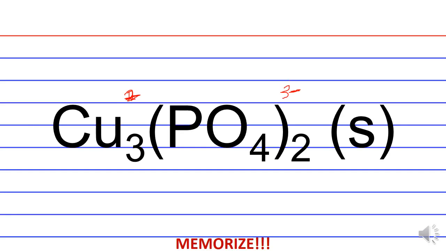Scratch the octet thing, because it has d orbitals, so it can assume different energy states. That's why it can have more than one oxidation state. So this form is 2 negative. That jig-jag is supposed to be like a 2. Well, the charge is 2 negative on cupric. So definitely memorize this one also in its solid phase, as you can see written down.